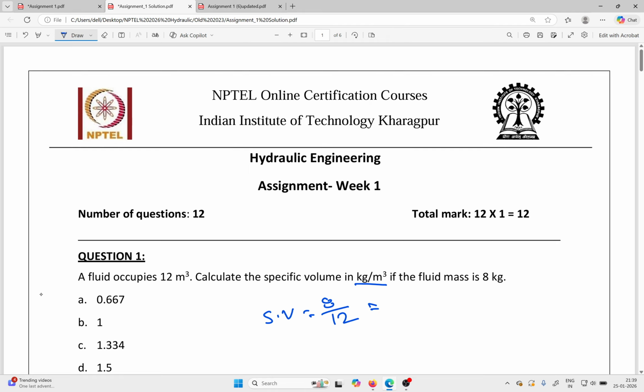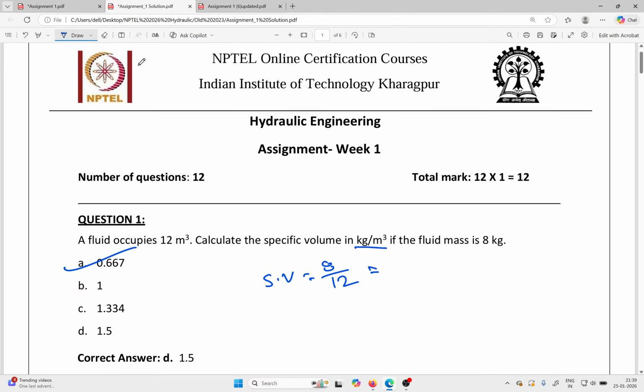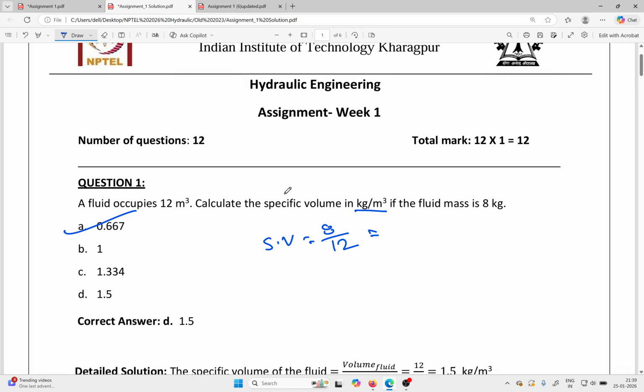So definitely option A will be correct, because the numerator is less than the denominator, so it will be less than 1. Only one option you can see here, option A. Oh, wow, it is in kg per meter cube.